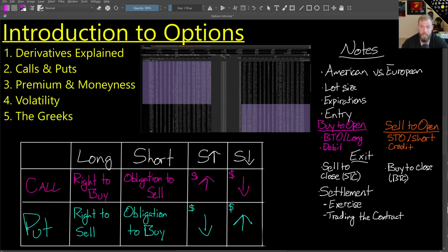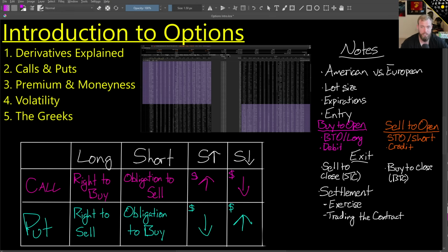You're mostly going to see AM expirations in the big indices, so SPX, NDX, RUT, but it's just for your consumption. Most stuff you're going to trade is going to be an American option with a standard lot size, meaning 100 share multiplier with different expirations, but it's going to be after the market. Something like SPX actually is a European style option. It's actually cash settled, so there's no underlying that moves.